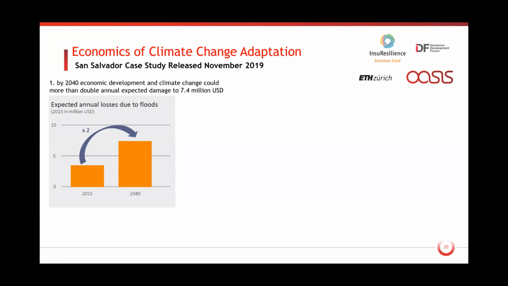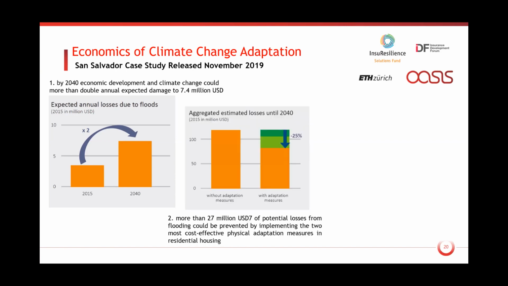Now, with the model being able to input different data and information, we were able to test which adaptation measures have the best cost-benefit ratio in reducing those potential future losses. And we found that by simply applying 2 of the most cost-effective physical adaptation measures in residential housing, it would reduce those potential future losses.